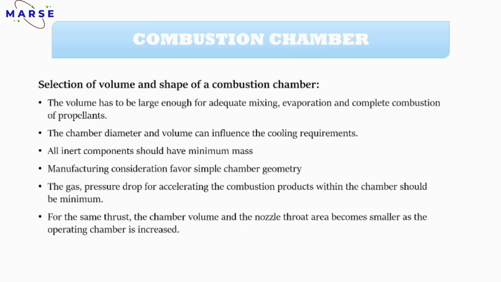If you want the same results, then you have to increase or decrease the chamber volume, or change the throat area. The chamber volume and the nozzle throat area become smaller as the chamber pressure increases. It means if you increase some quantity, then you have to decrease the other quantity, then only it will balance, right?